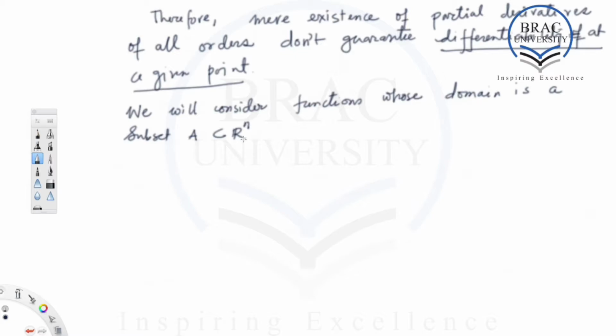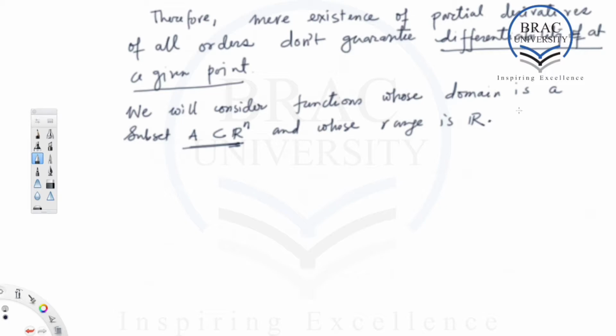This is the Euclidean space of dimension n. Take a subset of R to the n which is going to be the domain of the underlying function, and whose range is going to be R, the set of real numbers.